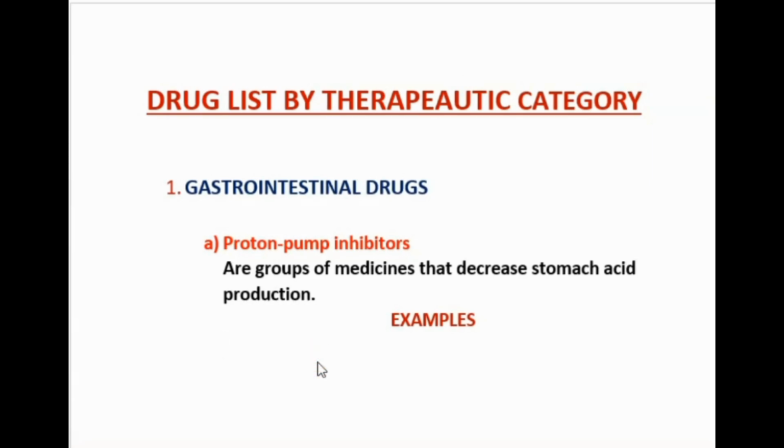The first one is omeprazole. We have the 20 mg and the 40 mg. The second one is esomeprazole.